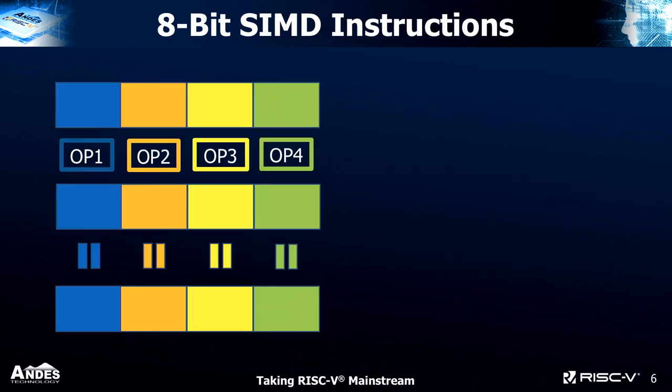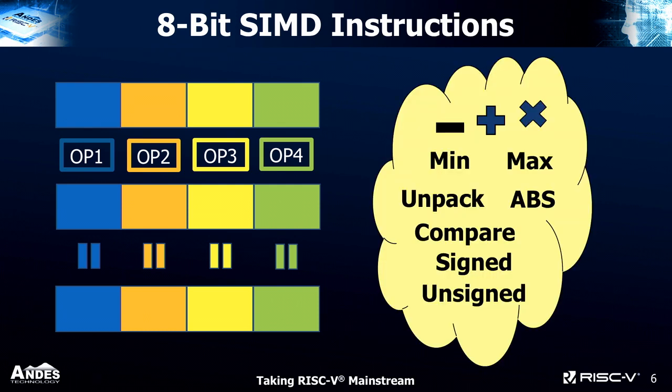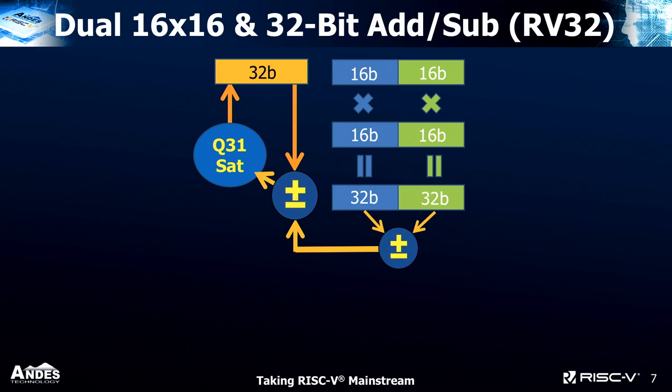For 8-bit operations, in RV32 and RV64, it can do 8 parallel 8-bit operations, and also supports various operations. The operations supported for 8-bit and 16-bit don't have to be the same.